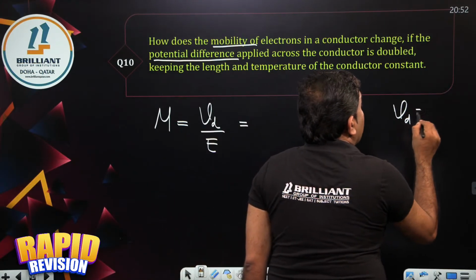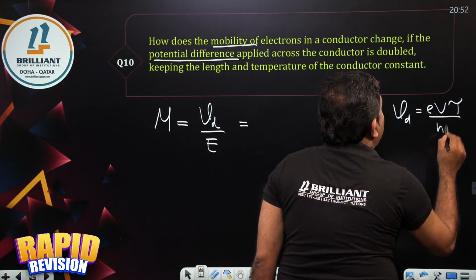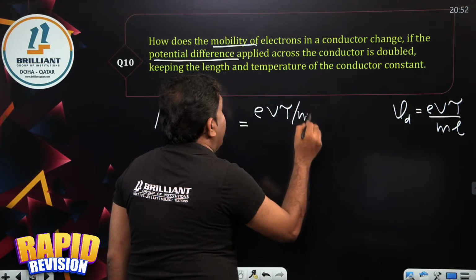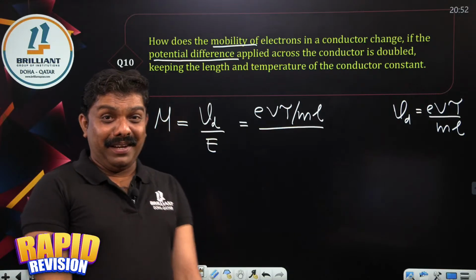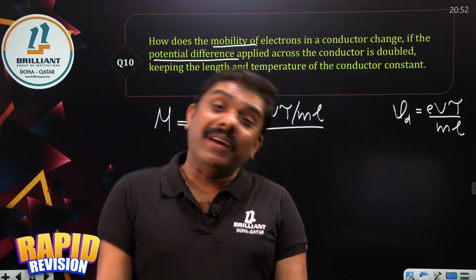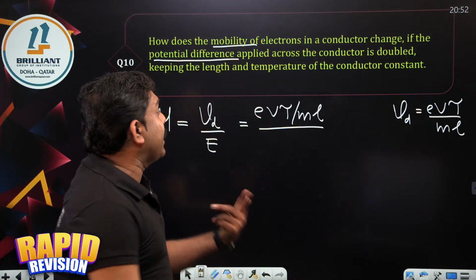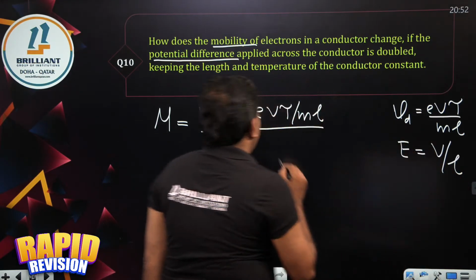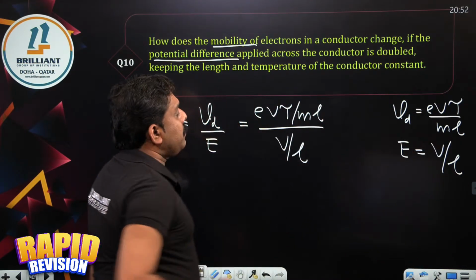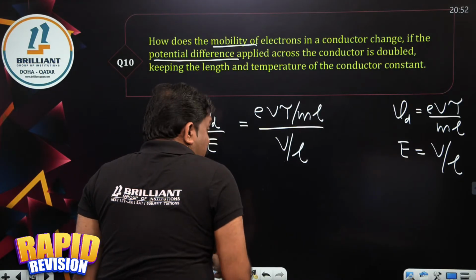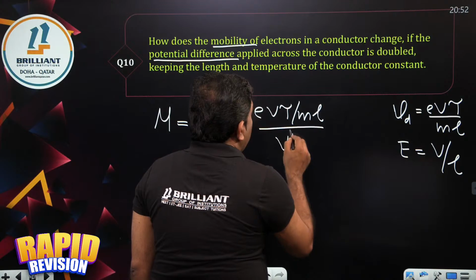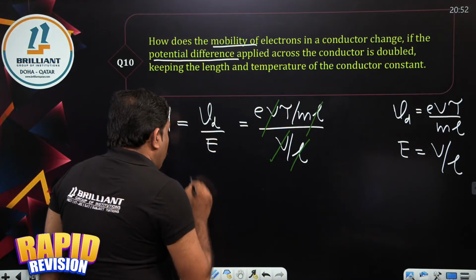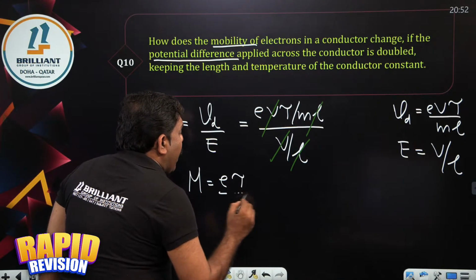We know drift velocity is eEτ by m, and electric field E equal to V by L. So writing E equal to V by L, V and V cancel, L and L cancel. So we are getting the formula: mu is equal to eτ by m.